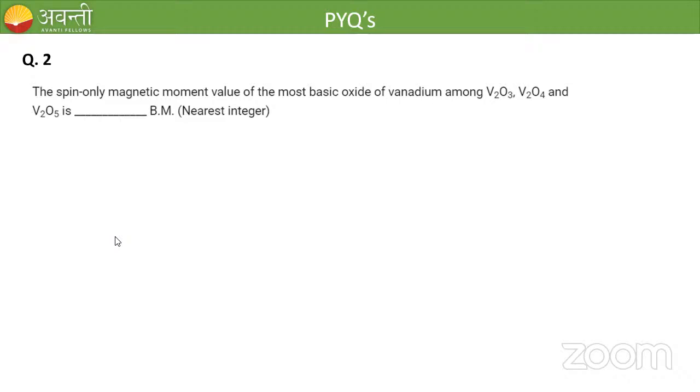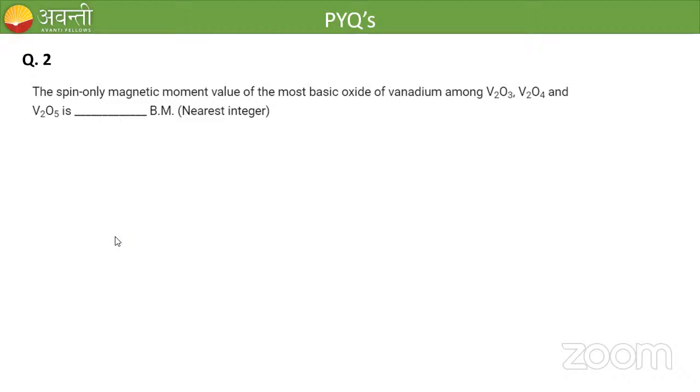We have to find the most basic oxide from these three, and then find the magnetic moment value for that oxide. First of all, let me know which is the most basic oxide among these three. Is it V2O3, V2O4 or V2O5?